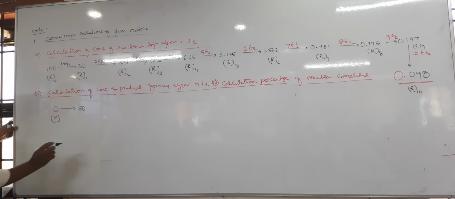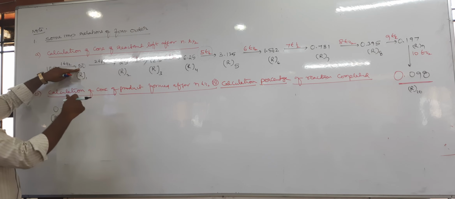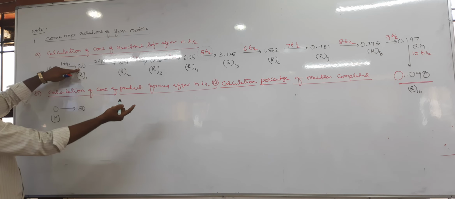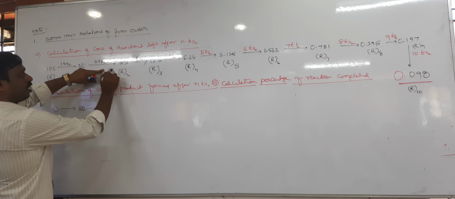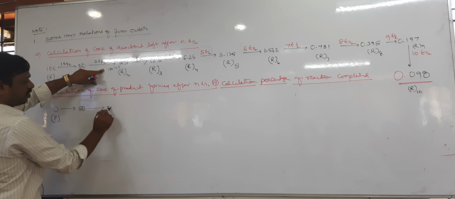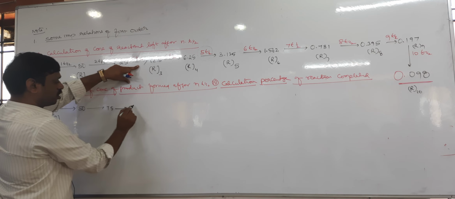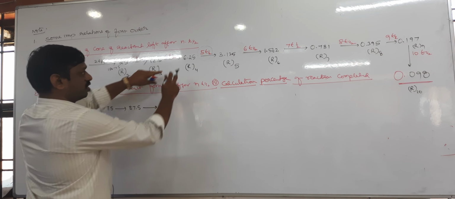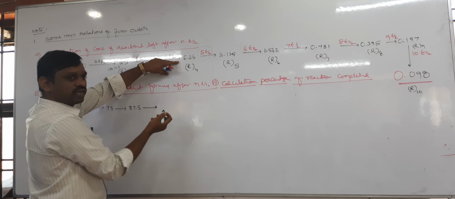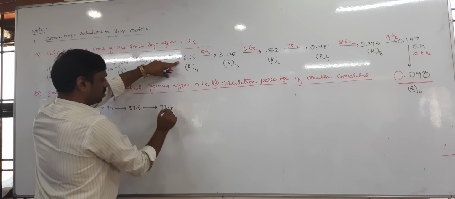50, yes or no? Actually 50 is left, so how much product is formed? 50. Next, here 25 is left, so 100 minus 25, 75. Next, 12.5 left, so 87.5 formed. Next, 6.25 left, you just do 100 minus, that's it: 93.7.